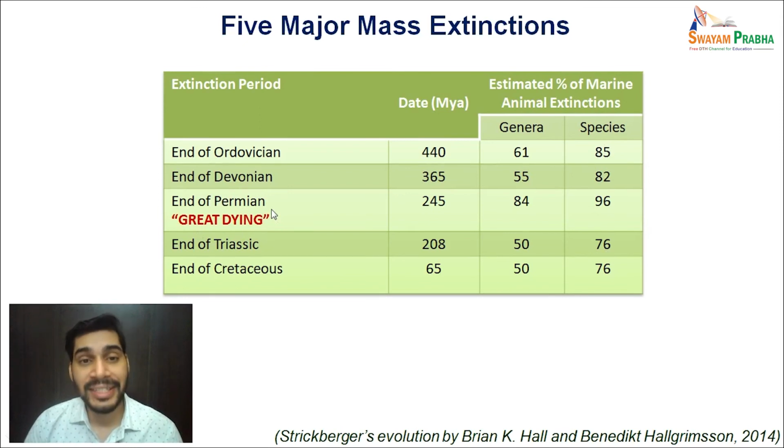Because this is the most dangerous kind of mass extinction event that has taken place on Earth, because it resulted in the loss of almost 96% of species which were present on Earth at that particular time. So seeing the level of loss that it has incurred on Earth, it is called the Great Dying Mass Extinction Event.